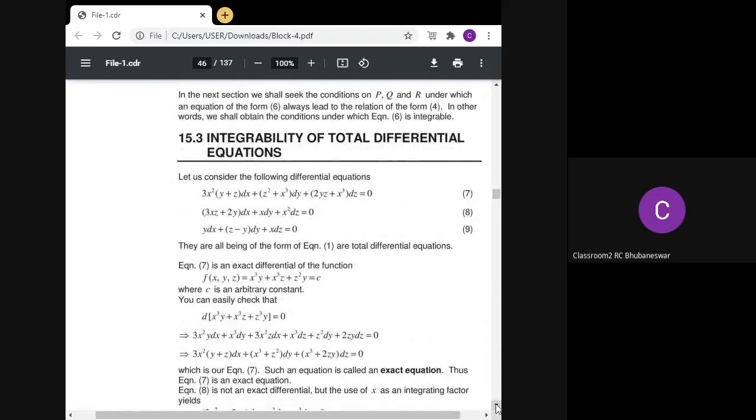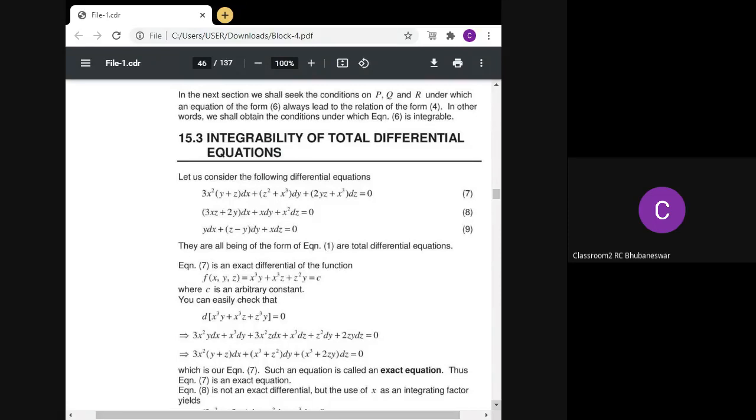So now let us move to discuss the integrability of a total differential equation. The integrability approach can be used if it is possible to represent the differential equation in exact equation form.